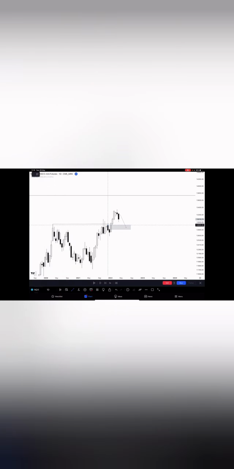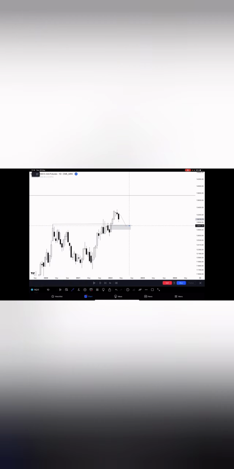Order block FVG combination. So the idea I gave out was we trade back into the FVG, into the broken high, and we rally off to the races to August high.